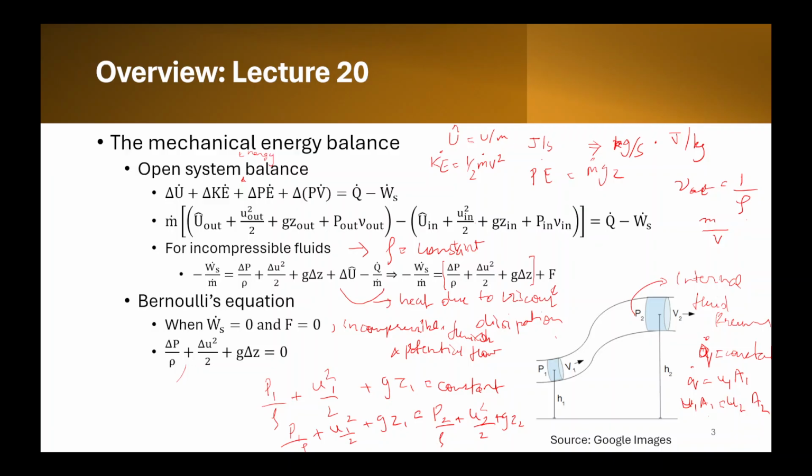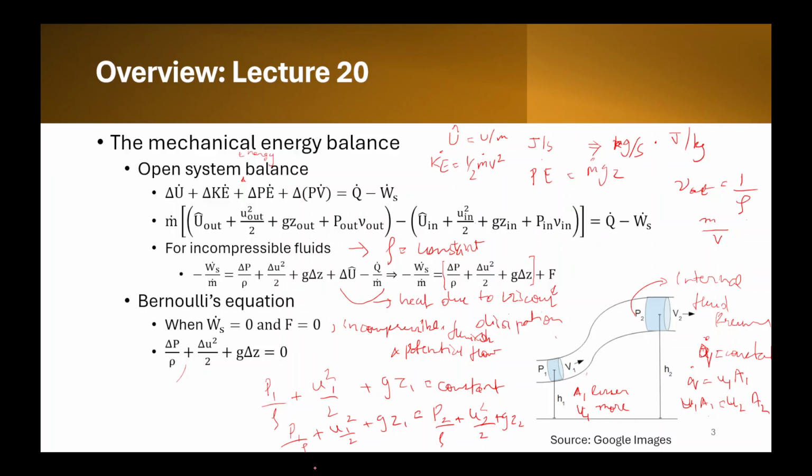So if A1 is small, here it is written V1, I'll write U1, is more.